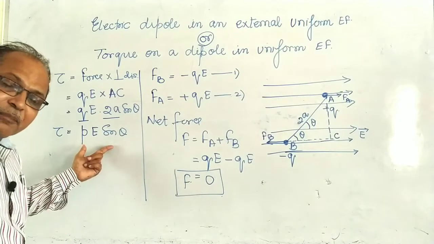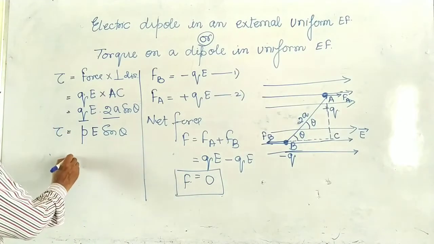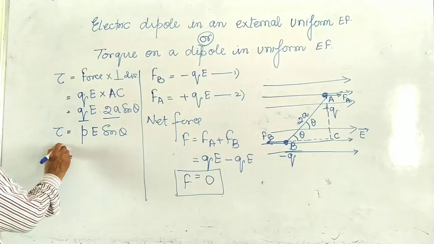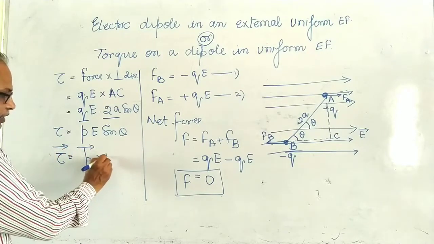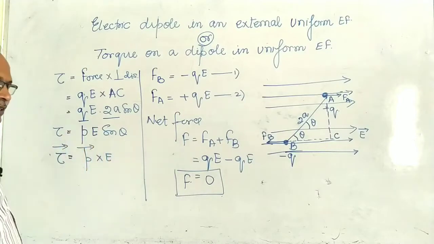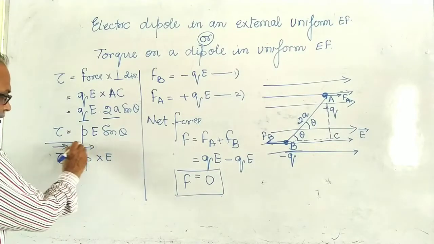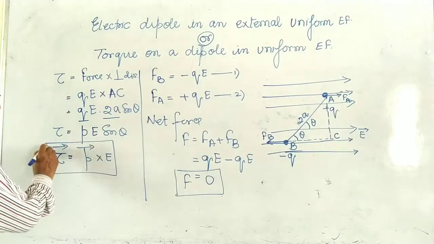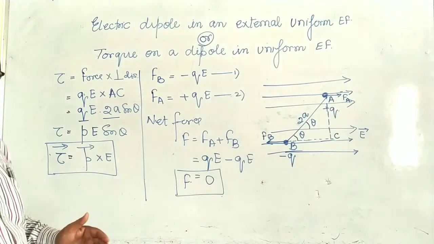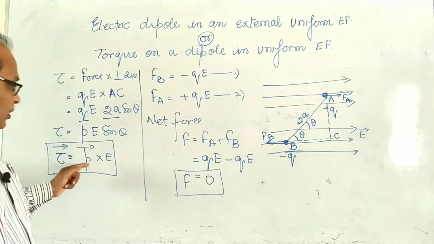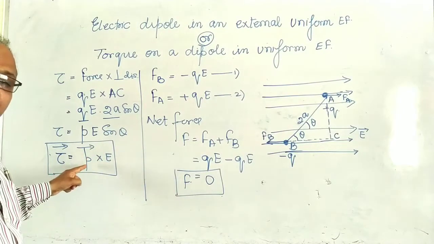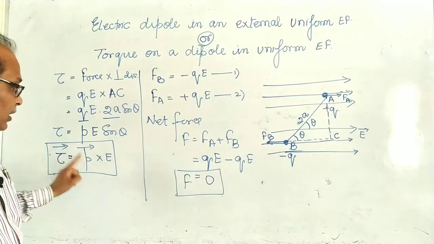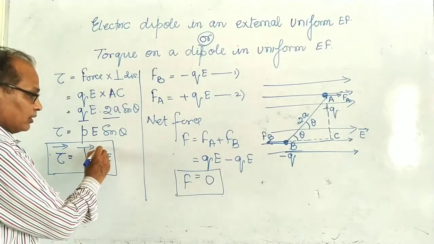In terms of vector representation, torque can be written as P vector cross E vector, cross product, because sin theta is here. This is the torque experienced by the electric dipole when it is placed in the electric field, where P is the dipole moment.